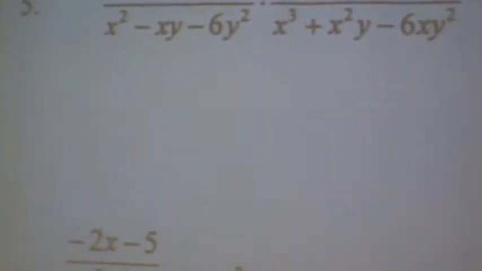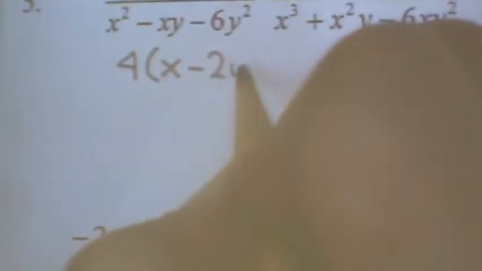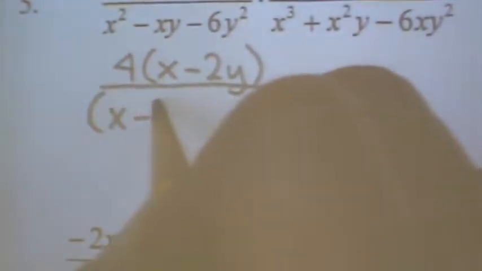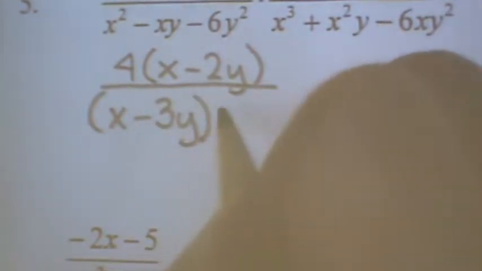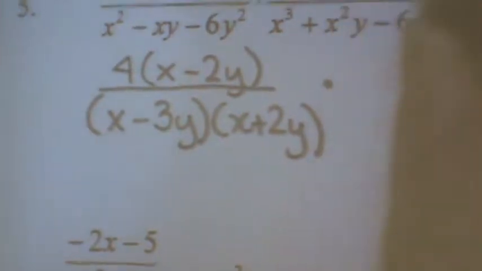You're going to factor the daylights out of this problem. What does that entail? How about this top right here? Take out a 4. What else? It's x minus 2y. Factor this. What's this called? The difference of two perfect squares.